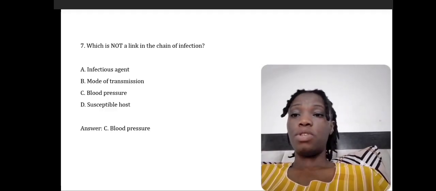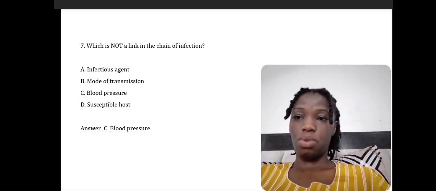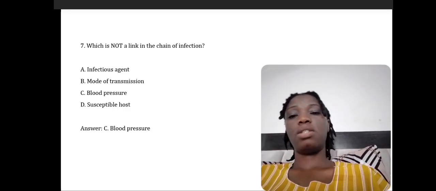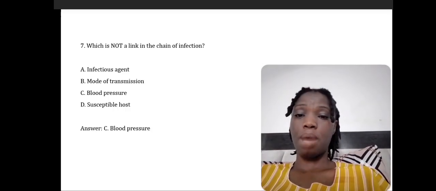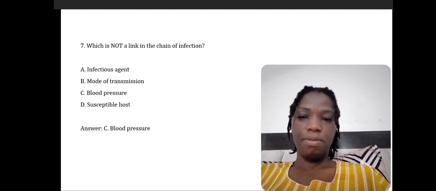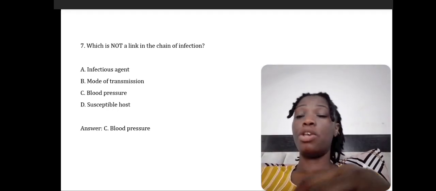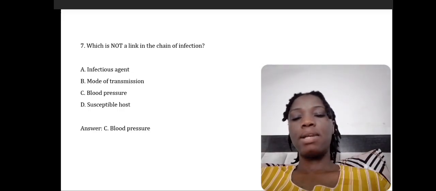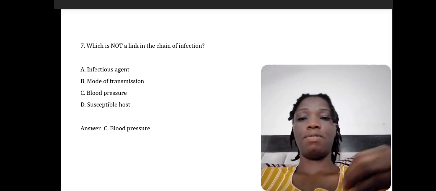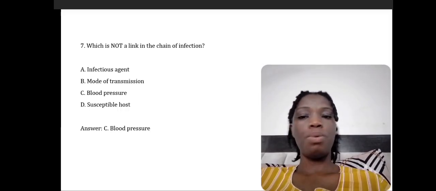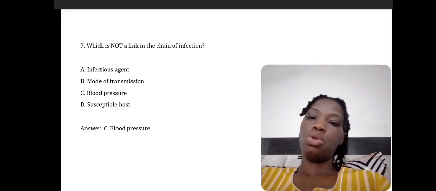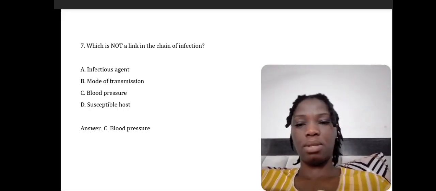What are examples of the links? First, the microorganism or infectious agent: virus, bacteria, protozoa, etc. Reservoir, the house they stay in: human, animal, soil. Portal of exit, how they leave: through feces, coughing, sneezing, or blood.